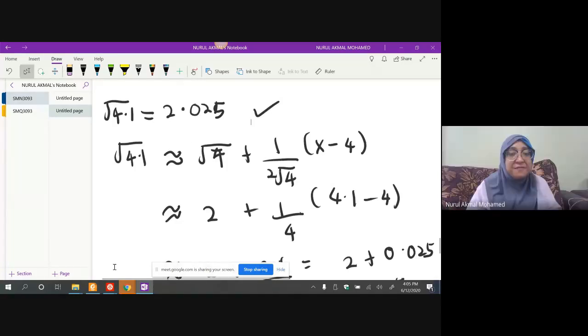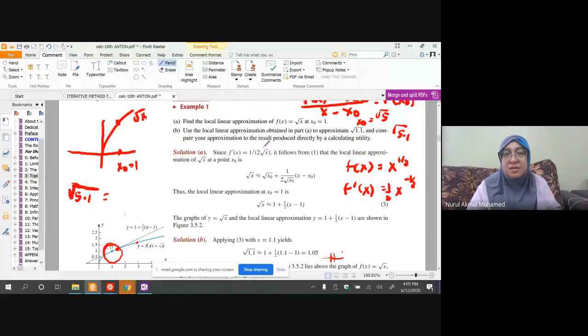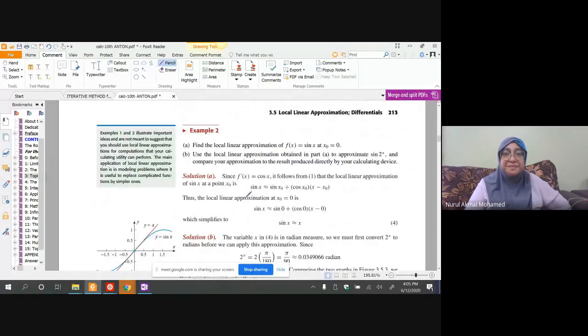In this case, f of x is the square root of x. But if you have f of x equal to something else, then you have to differentiate and get a new equation. Is it okay? I hope so.